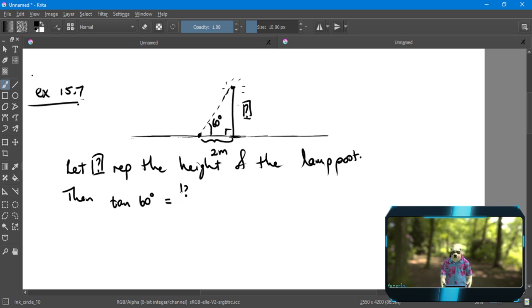It's always opposite over adjacent. And I can isolate the question mark in a box by multiplying both sides by 2. So 2 times tan of 60 degrees.